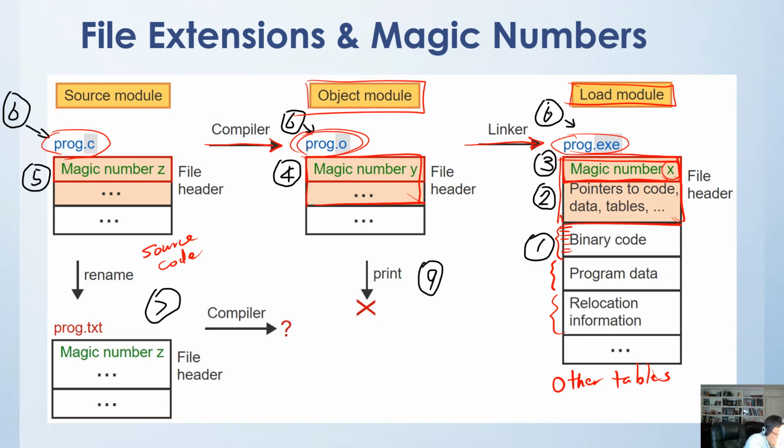Also at the beginning of the file header, there's a magical number, which is not the same as magical number X. It's a magical number Y. The object module was originally created from the source module. After you compile the source module, you create the object module. So the source module also has a file header, also with a magical number Z.